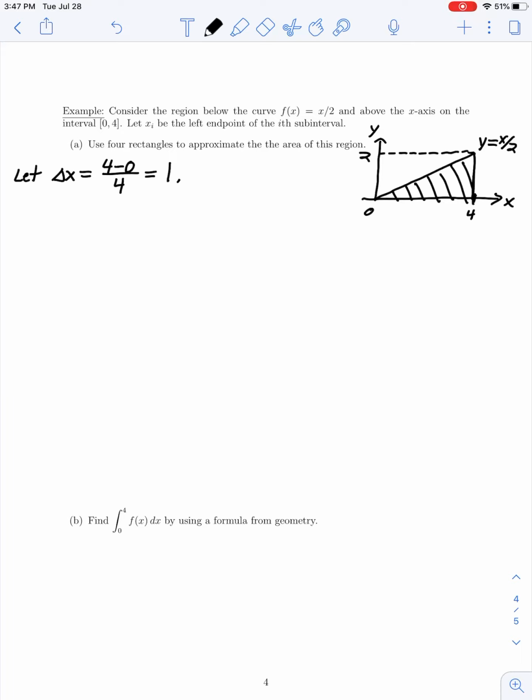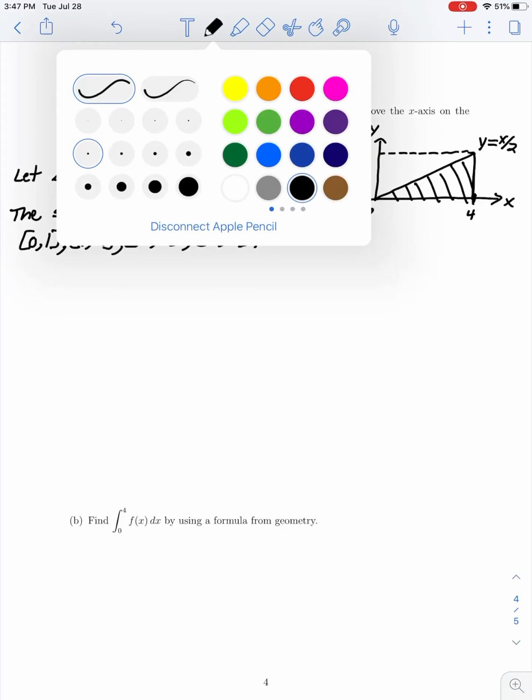So each rectangle will have a length of 1, which means that the subintervals that we're interested in are from 0 to 1, from 1 to 2, from 2 to 3, and from 3 to 4.